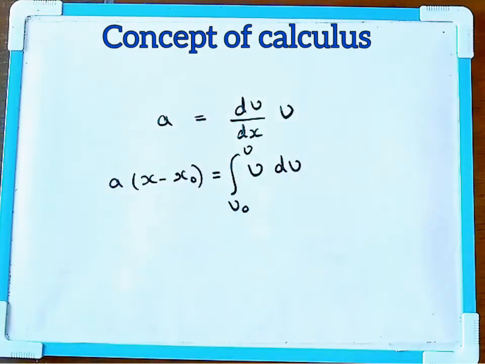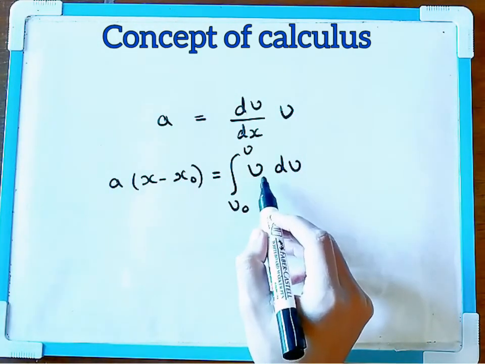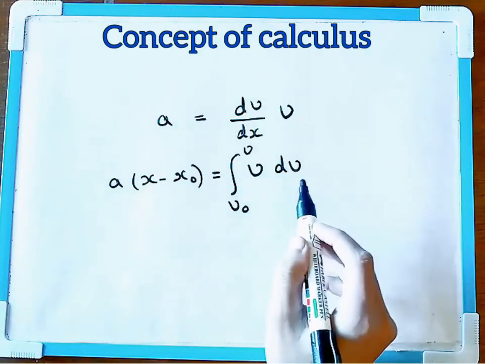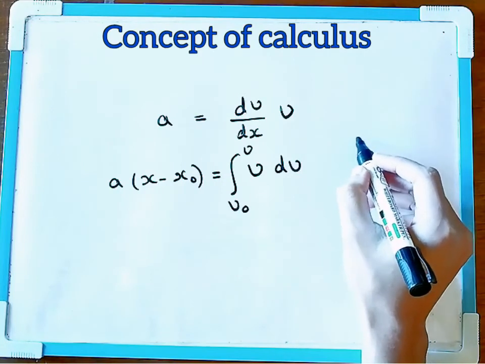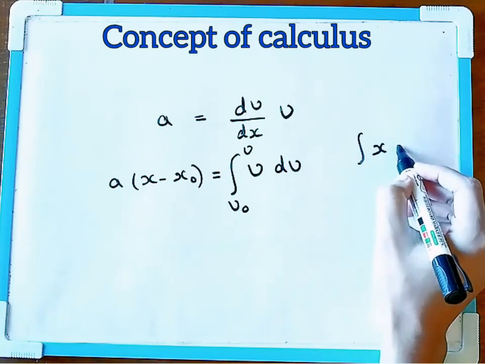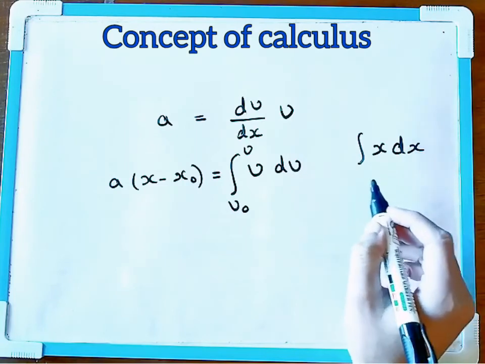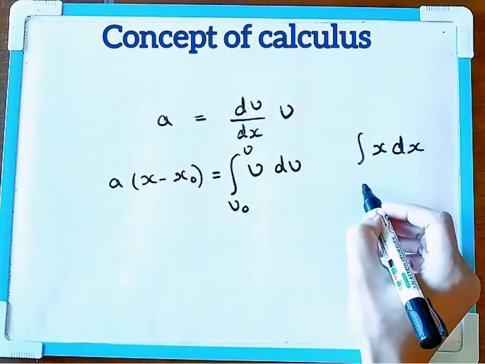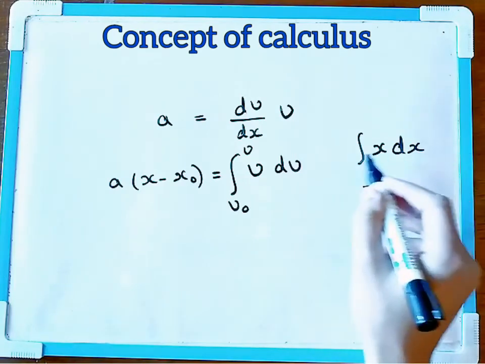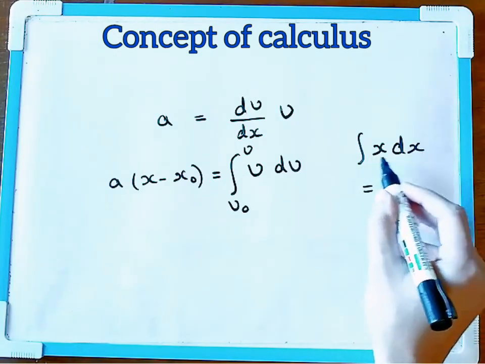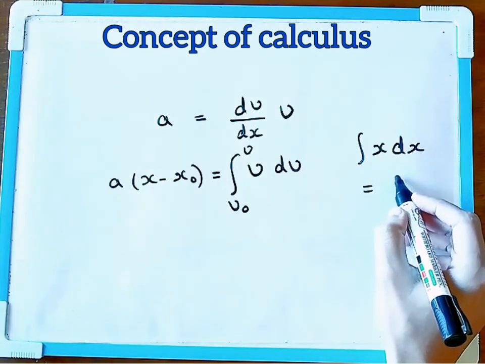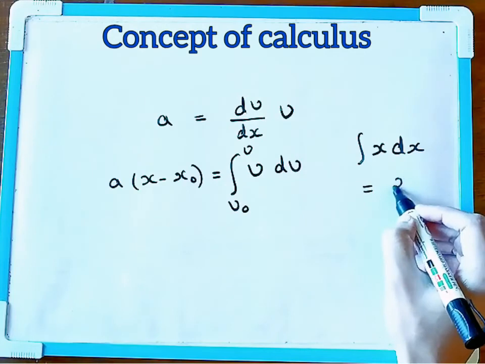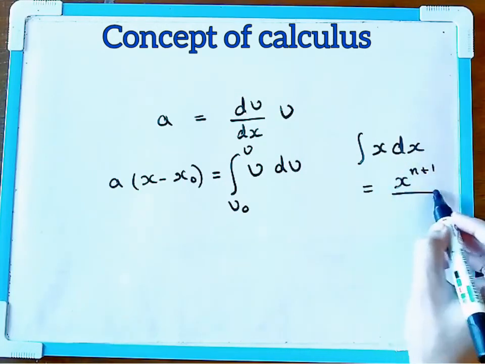Now for v dv, we have to use the same formula of integration. Here instead of t we have v, but the same formula applies. So in general the formula is: integration of x^n dx, for any variable, it can be t, x, or v, will give you x to the power n plus 1 divided by n plus 1.